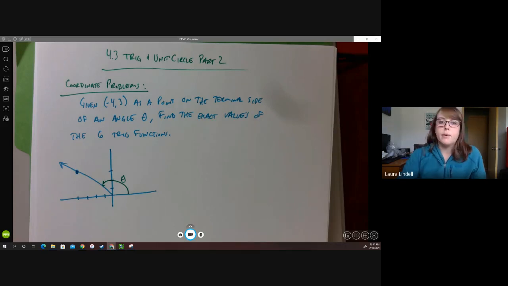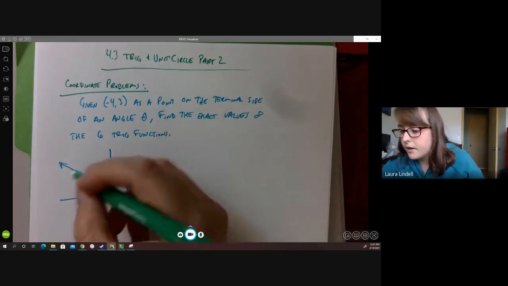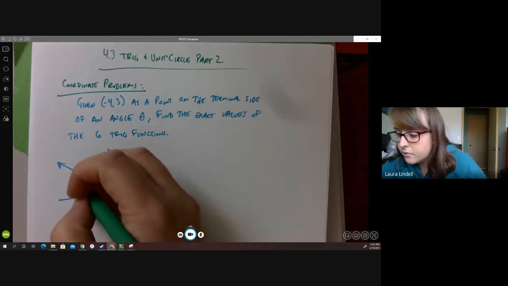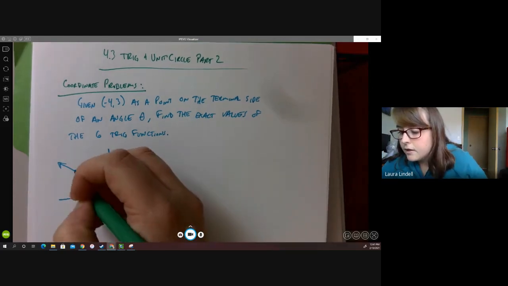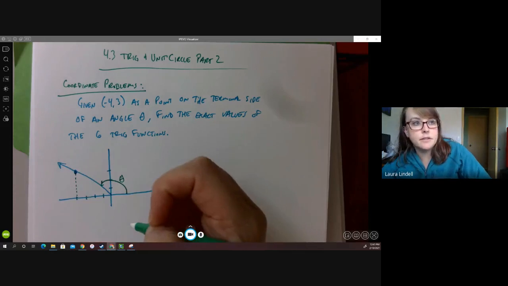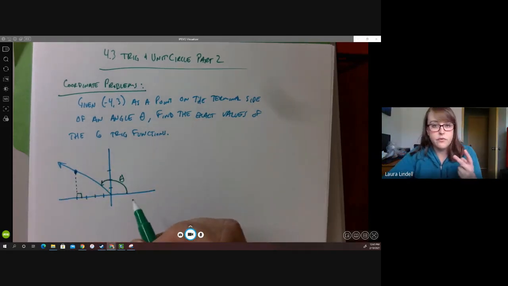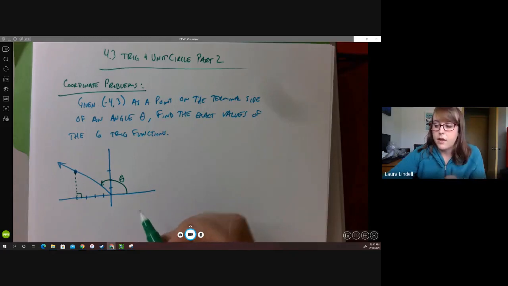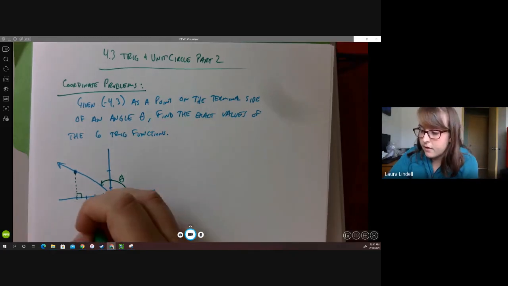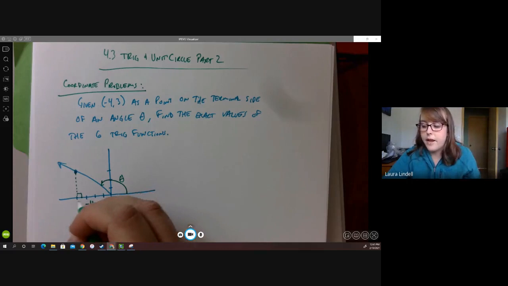But what we can do is use right triangle trig. Because if you take a look at this picture, we can just drop a line down to the x-axis, and all of a sudden we have a right triangle where we know 2 of the side lengths. I know this side length, I'm going to call it -4.